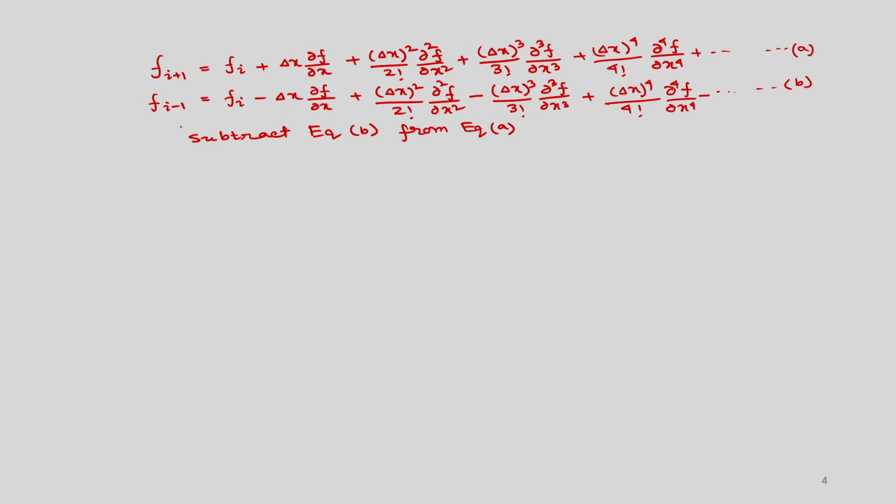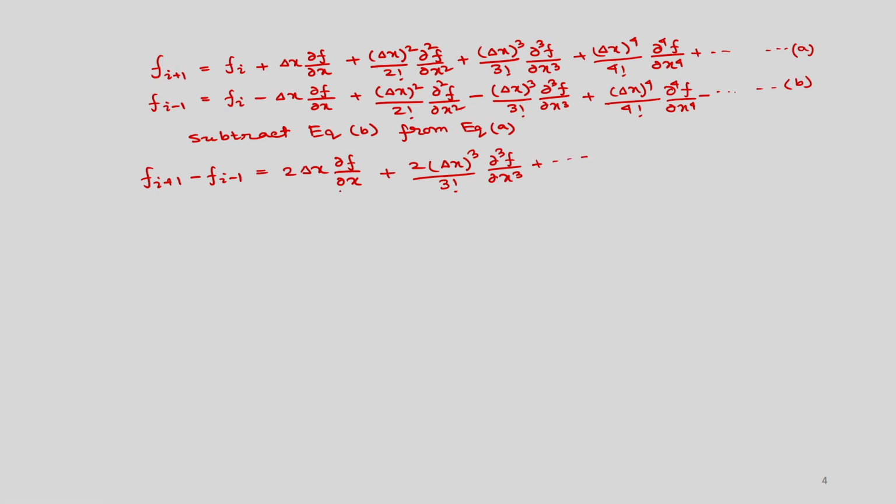So, if you subtract it, then it will be f i plus 1 minus f i minus 1 on the left hand side. So, first term will get cancelled, then you will get 2 delta x del f by del x. This third term will get cancelled, then the fourth term you will get plus 2 delta x cube by factorial 3 del cube f by del x cube and so on. Okay.